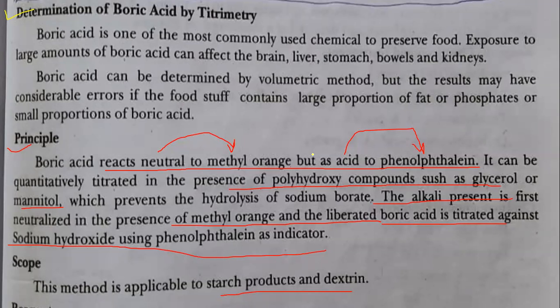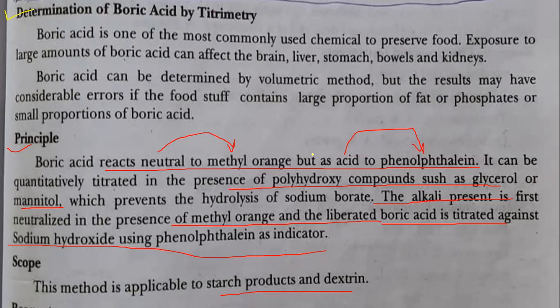The pH range in which methyl orange is active, in that range the boric acid has its pH. In the case of phenolphthalein, it acts as an acid, meaning phenolphthalein is active in a pH range that is basic compared to the boric acid pH.